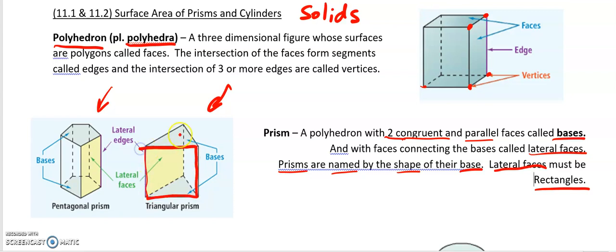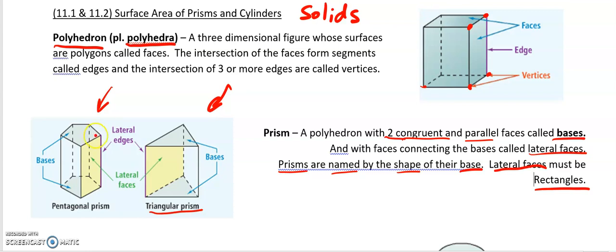These rectangles are what we call your lateral faces. Okay, so going off of my definition, a prism has to have two parallel and congruent surfaces or faces called your bases, and then they have to be connected with rectangles called your lateral faces. All right? Now, since my bases are triangles, we call this a triangular prism.